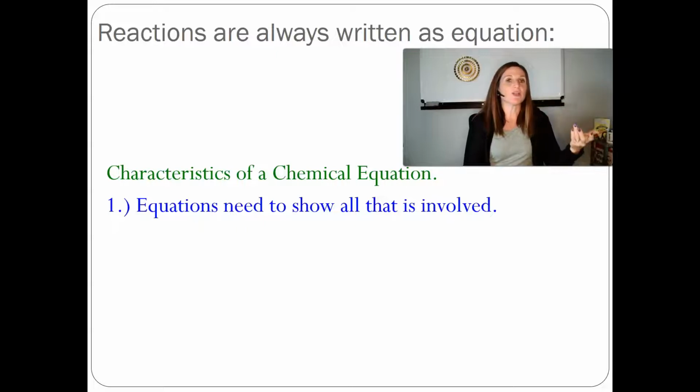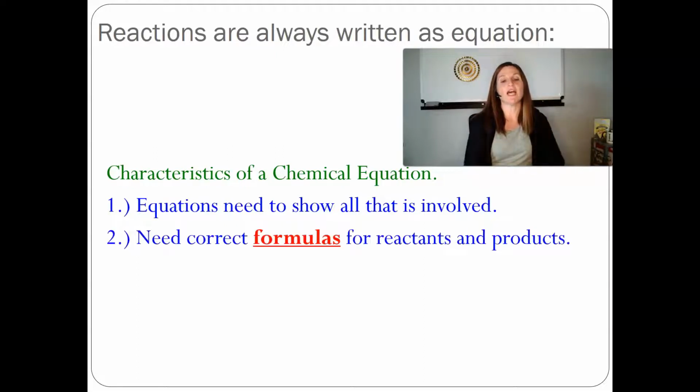I actually think a really good analogy for a chemical equation is a recipe. If you think through a recipe, it's the same characteristics that we see in a chemical equation. So first of all, showing everything that's involved. Secondly, we need the correct formulas for the reactants and the products. And this moment right here is a revisit.